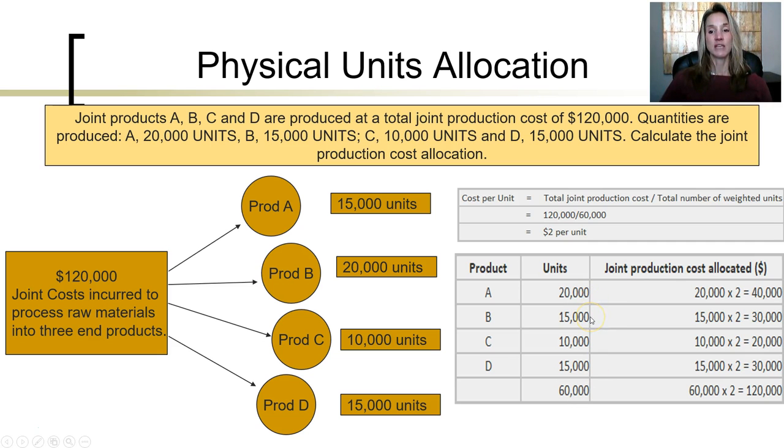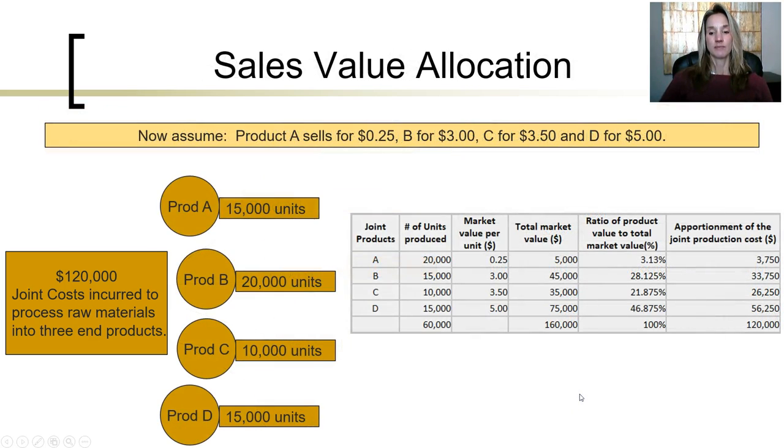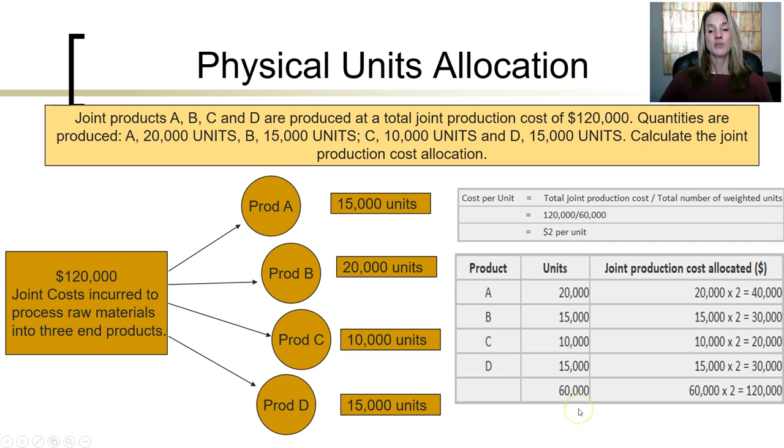We are going to allocate the $120,000 of costs based on the total number of units produced. So here's our calculation. The total cost, 120,000, divided by total number of units produced, 60,000. We end up with a cost per unit of $2 per unit.